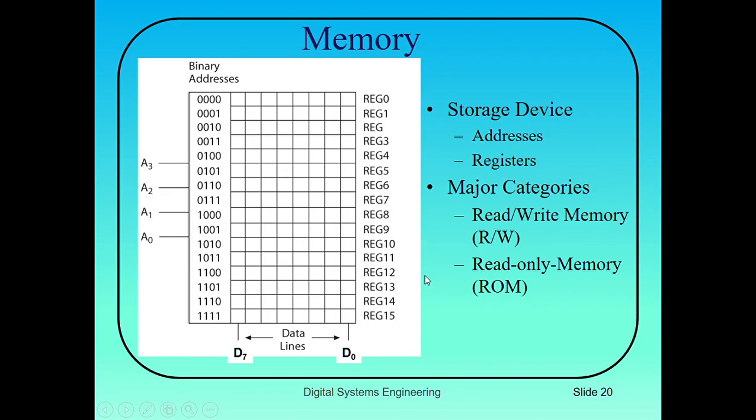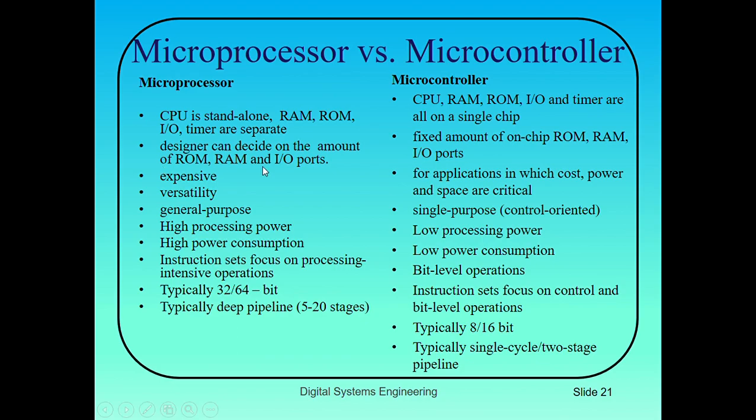So this basically represents the 16-bit system. The major categories of memories are read-write memory and read-only memory, or ROM. Here you will find the unique addresses and the 16 registers. These are basically the data lines. So this basically represents the memory.